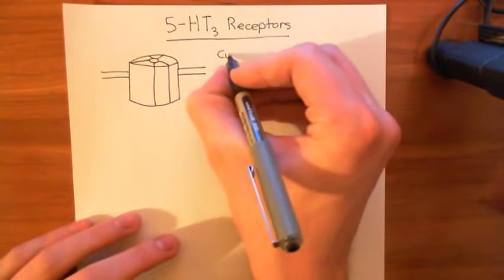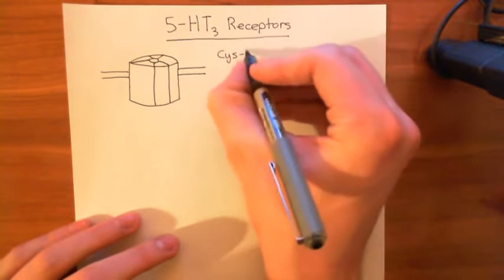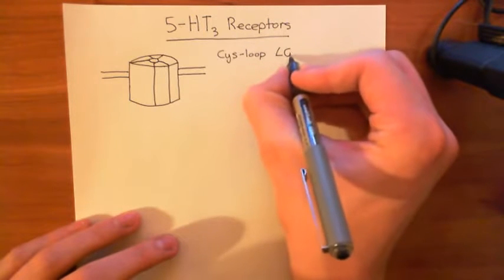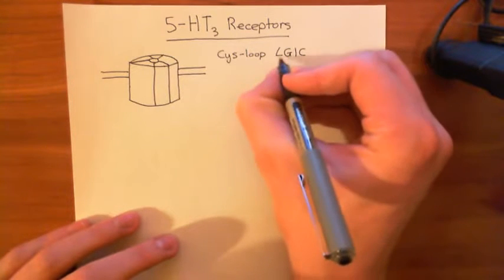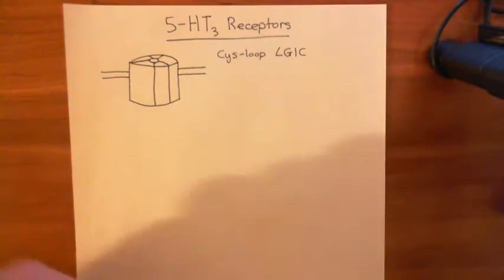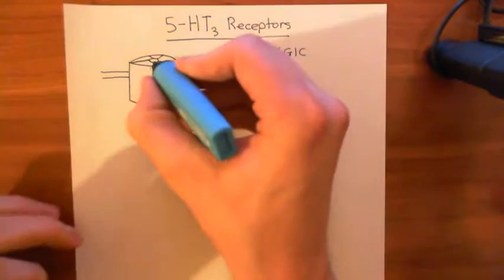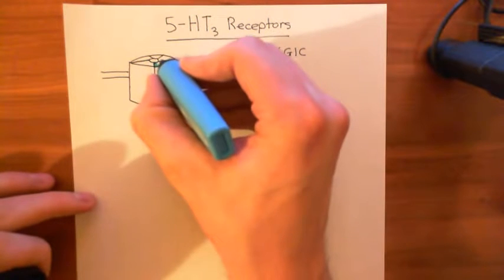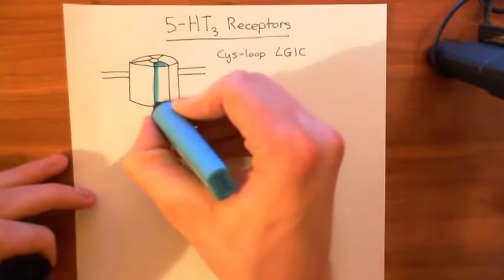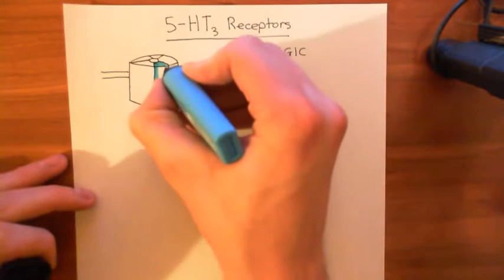So 5-HT3 receptors are an example of a cis-loop ligand-gated ion channel, which is often abbreviated to LGIC, for ligand-gated ion channel. Now, let's take one of these subunits that makes up this pentameric structure out, and have a closer look at its structure.